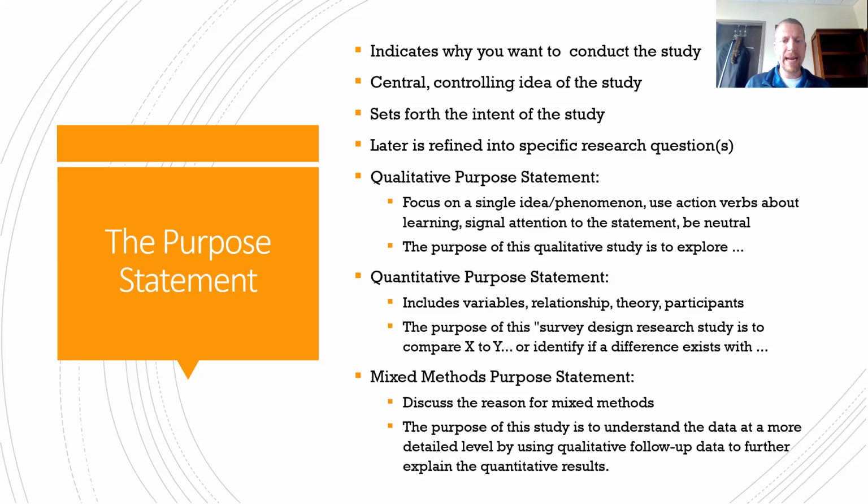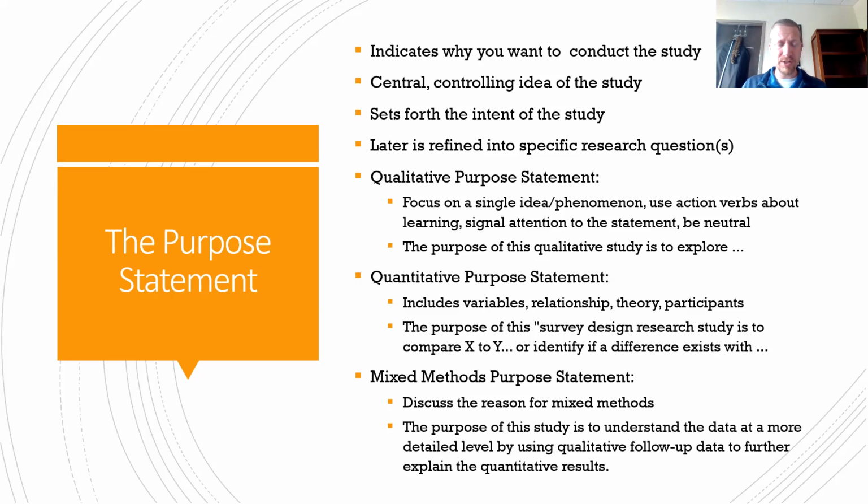And then you might have your research design in there, like survey design. The purpose of this survey design research study is to compare men to women with, okay, and then in whatever measure you might be looking at. The purpose of this survey design research study is to identify whether differences exist between year 1 OT students and year 2 OT students' professional skills. Okay, and so they feel really different, don't they?